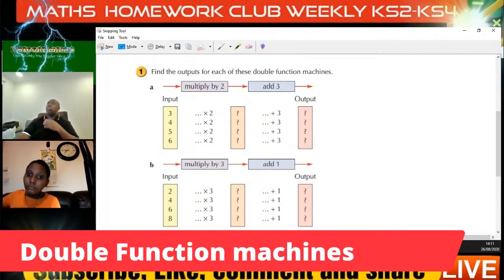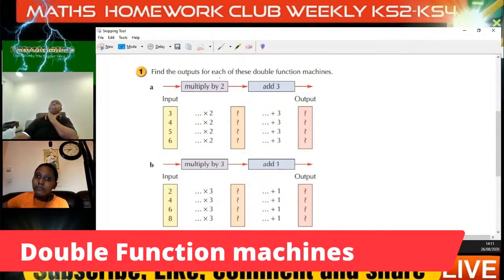You need to have a go at them. So let's talk about the first one, Denzel. It says find the output for each of these double function. What do you need to do first? Multiply by 2. And then add 3.